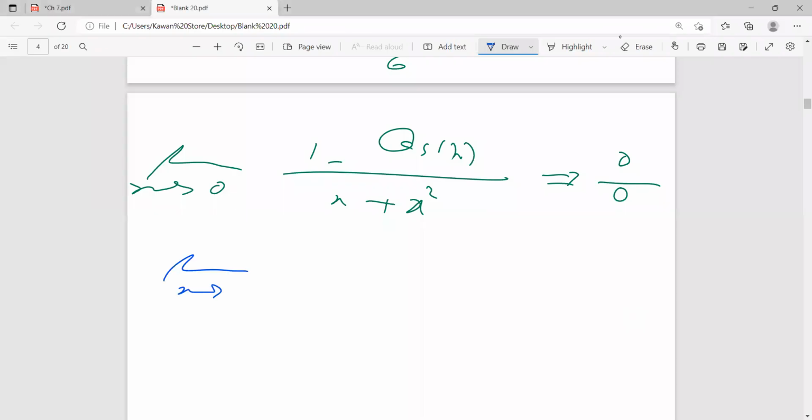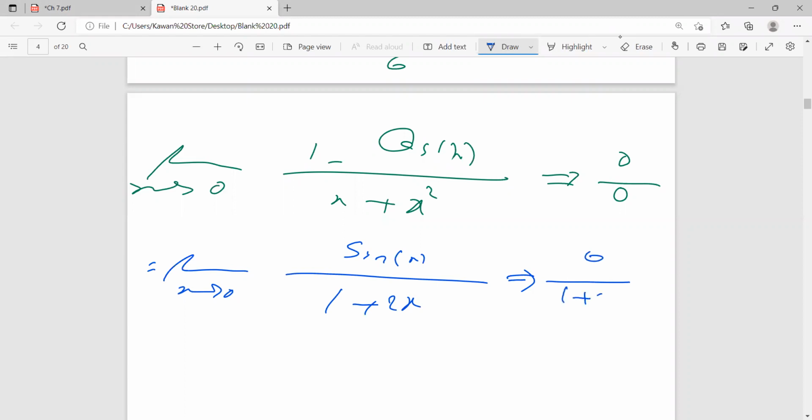Derivative of the denominator is 1 plus 2x. Derivative of 1 is 0, so I get sine of x in the numerator. I substitute again: sine of 0 is 0, and the denominator gives 1, so I get 0 over 1.